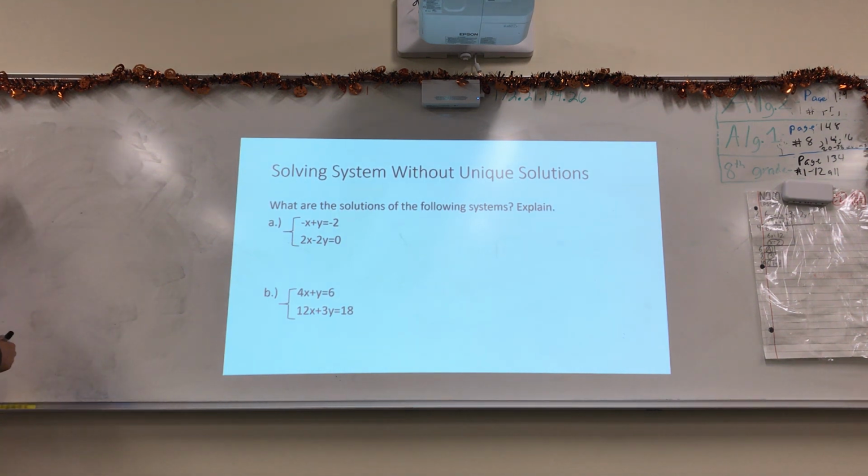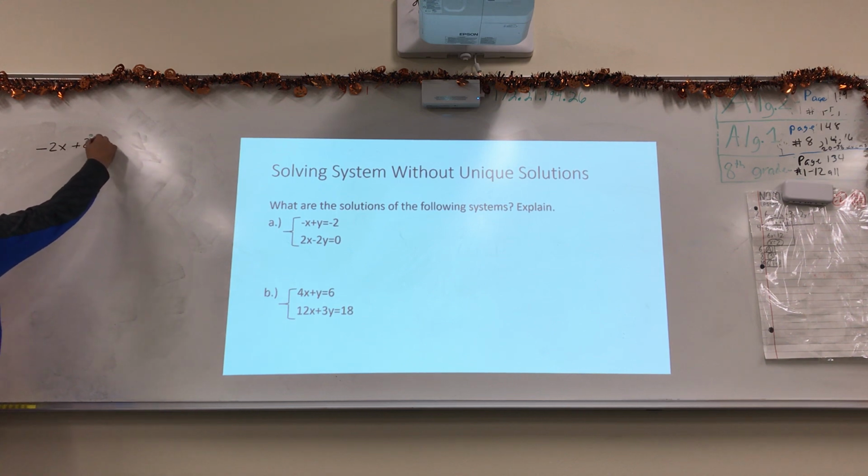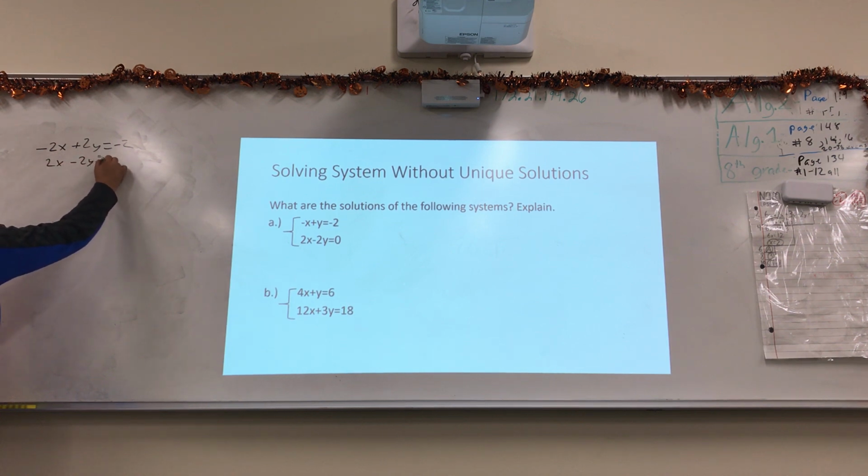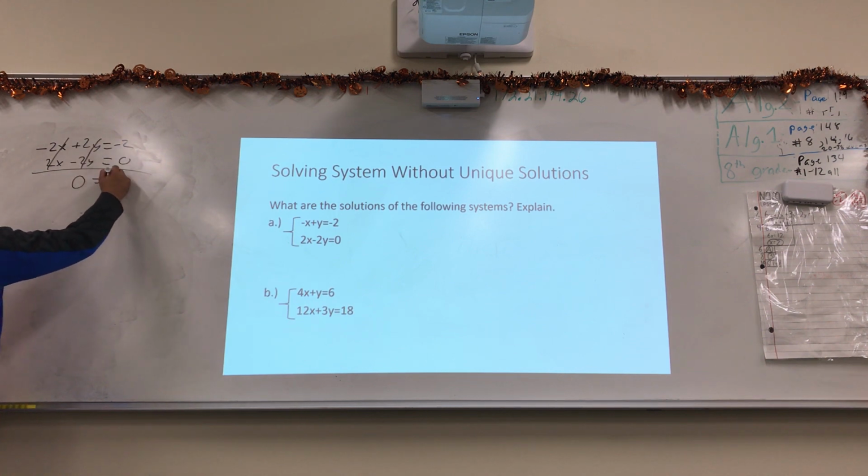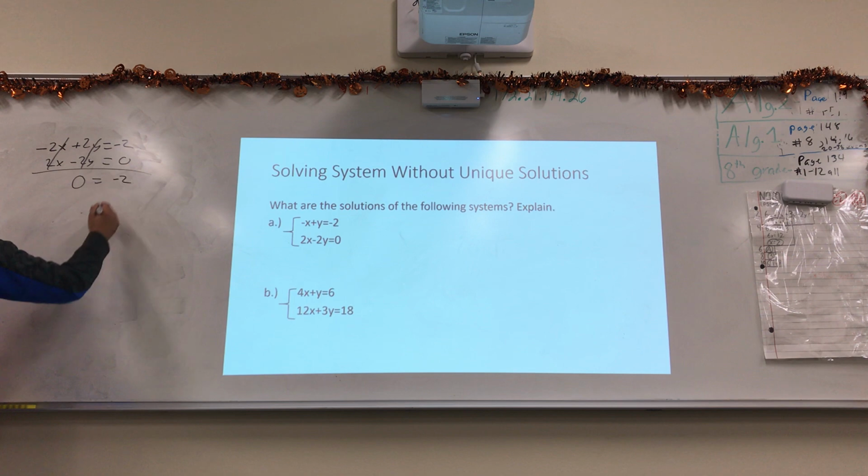Okay. First one, I'm going to multiply that by 2. I'm going to get negative 2x plus 2y equals negative 2. You get 2x minus 2y equals 0. You cross out, I'm going to have 0 over here. Over here, I'm going to end up with negative 2.